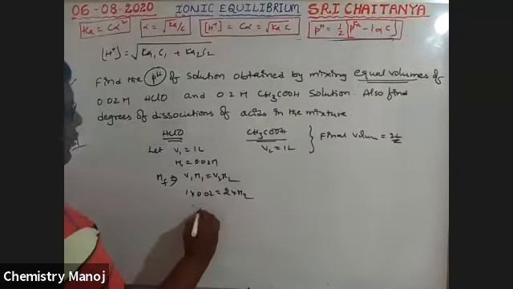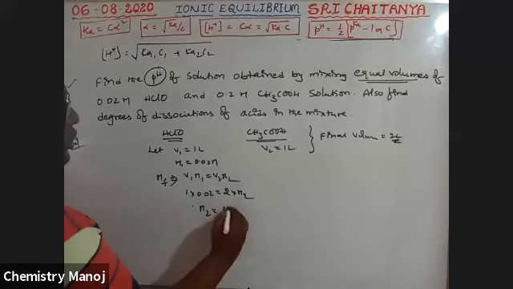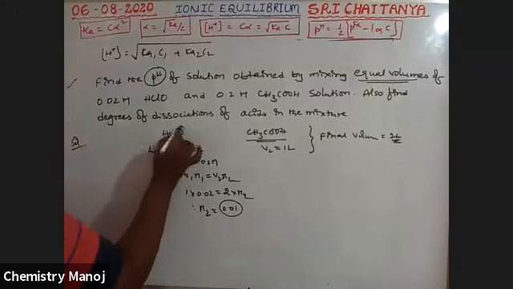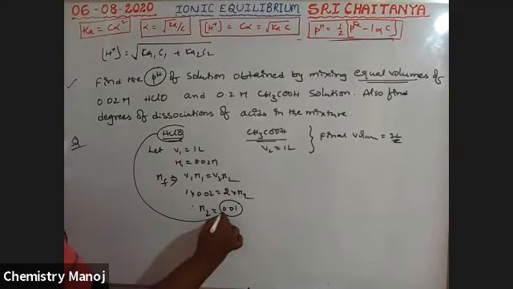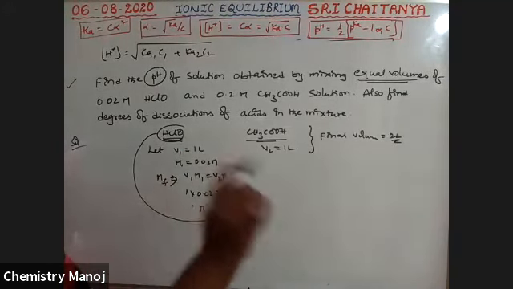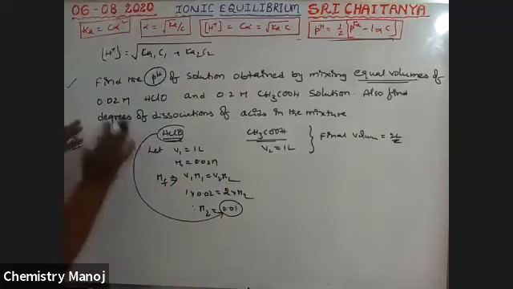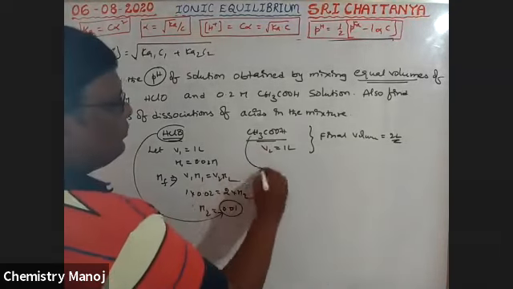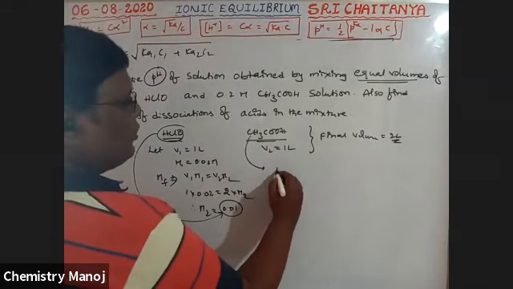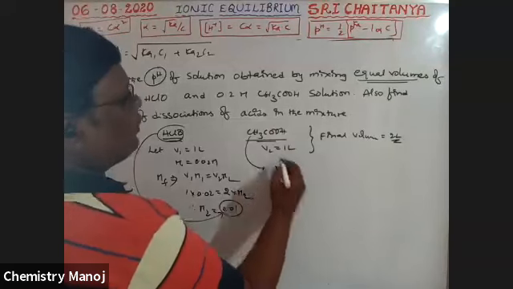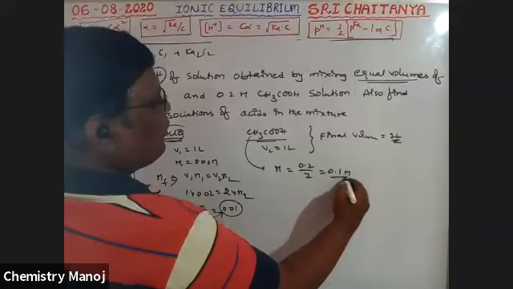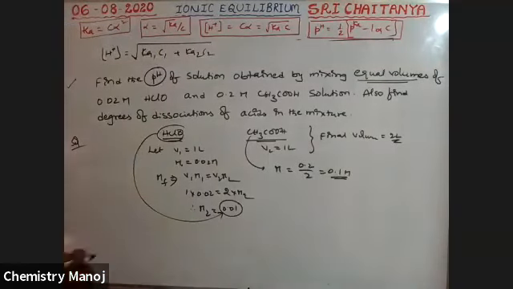That implies M2 is equal to 0.01. Therefore, the molarity of HClO is considered as 0.01 in the 2 liter solution; don't directly take 0.02. Similarly, for the other one, it is 0.2 by 2, so 0.1 is the concentration in the 2 liter solution.